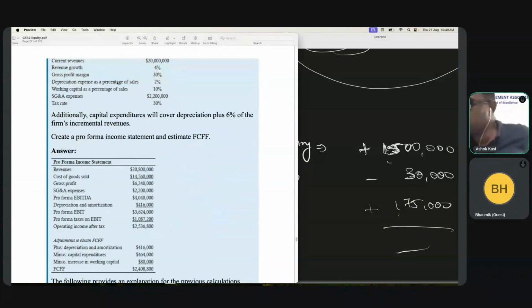Current revenue is 20 million. Revenue growth, gross profit margin, depreciation expense as a percentage of sales, working capital as a percentage of sales, SG&A at 30 percent. Additionally, capital expenditure will cover depreciation plus 6% of the firm's incremental revenue. Create a pro forma income statement and estimate FCFF.